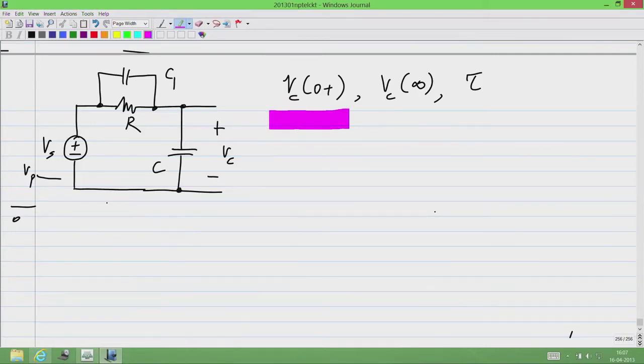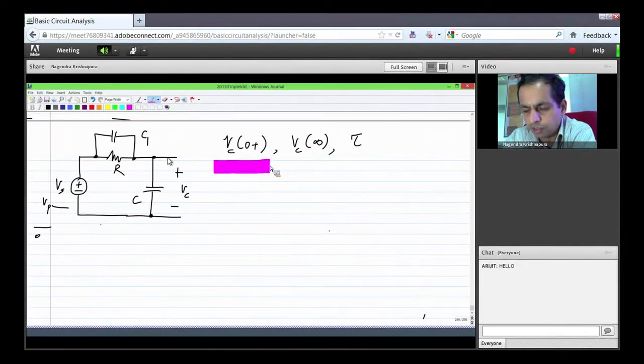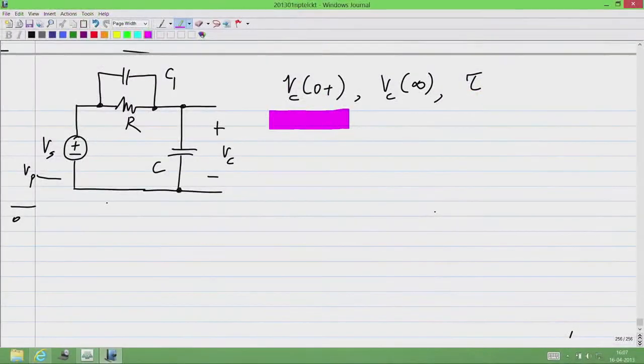I would like the participants to give me an answer. What is the value of Vc just after the step is applied, that is Vc of 0 plus? The input Vs jumps from 0 to Vp.